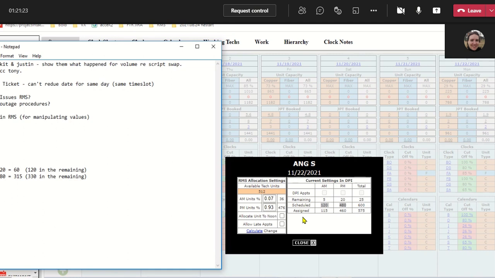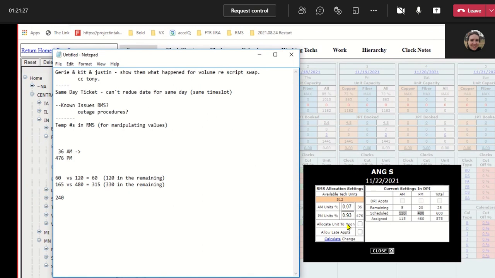Now, because of the min values, 36 is obviously way less than 120. We round up to 115, which is the min, which becomes, because of DPI, 120. So let's say RMS sends value 115 to the schedule database, and DPI changes it into 120.